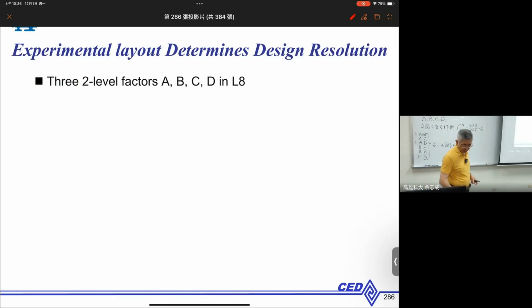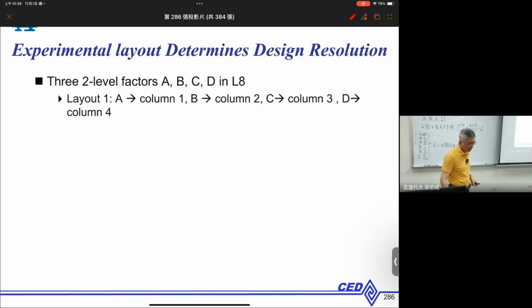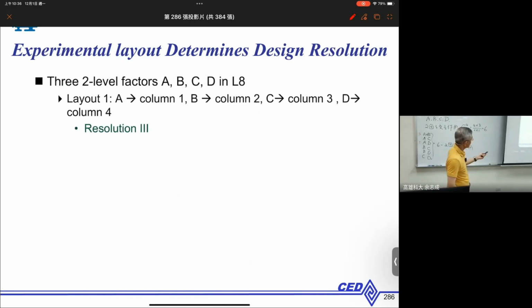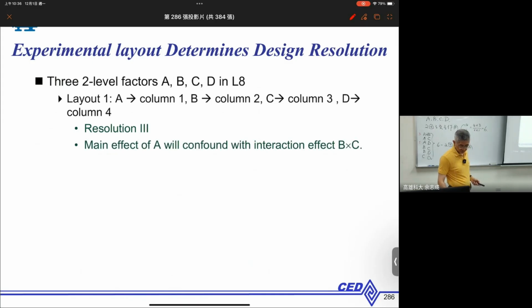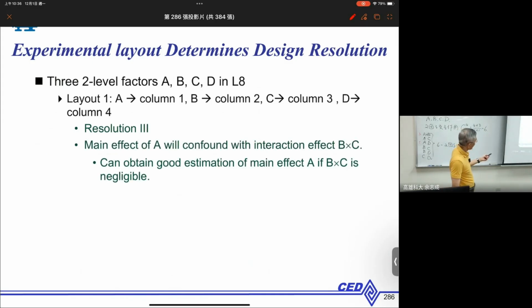Okay, let's try some other example. This is, okay, not an example, this is a summary from the previous 2 cases. The first case: 1, 2, 3, 4, assign A, B, C, D. And you can see it is resolution 3. And here, main effect A is confounded with BC.